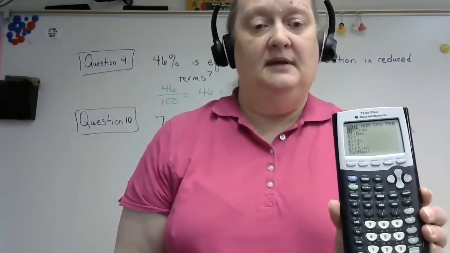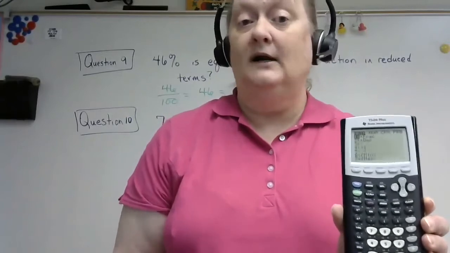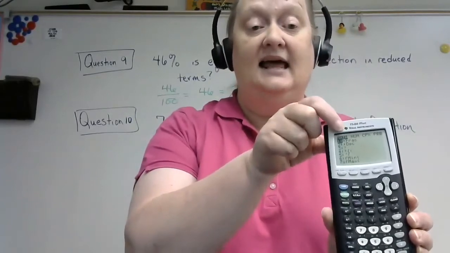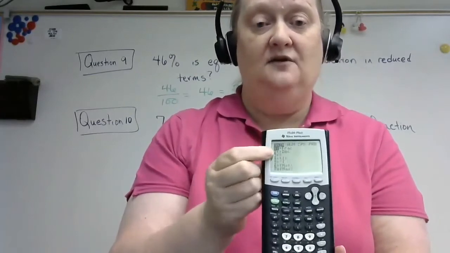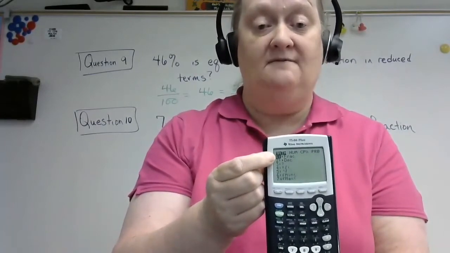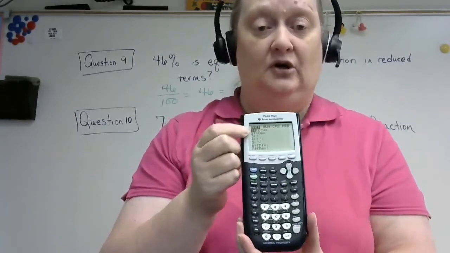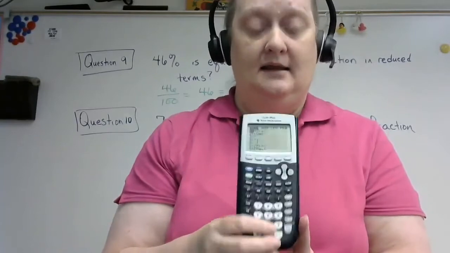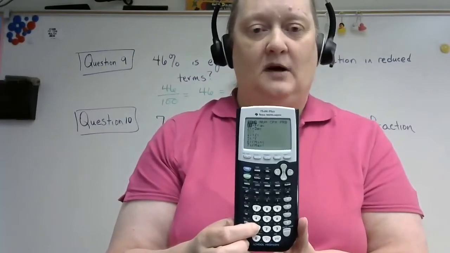And notice you've got a menu there. One of those menu items, the one that's already highlighted, is the math menu. And under the math menu, number 1 fraction is highlighted. Because it's highlighted, we can press enter, or we can press 1, not 3, 1. So I'm going to press 1 to select it.